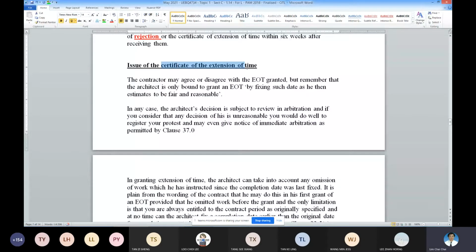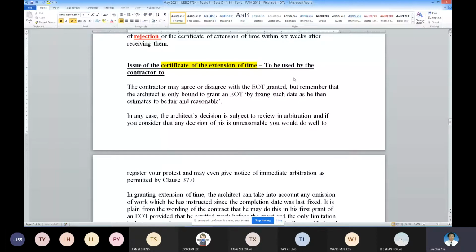This is the official piece of paper to be used by the contractor to revise the working program.